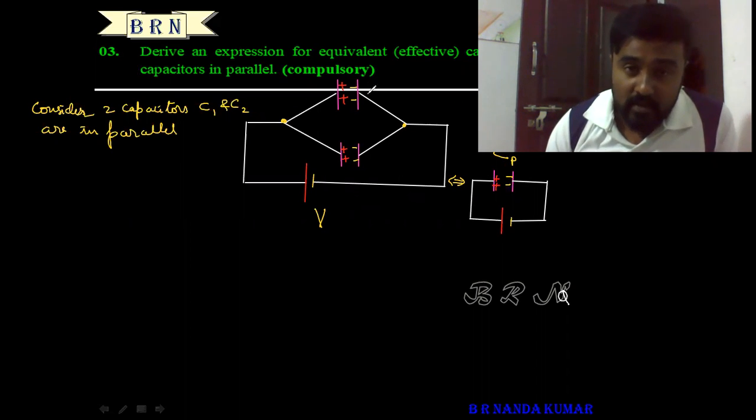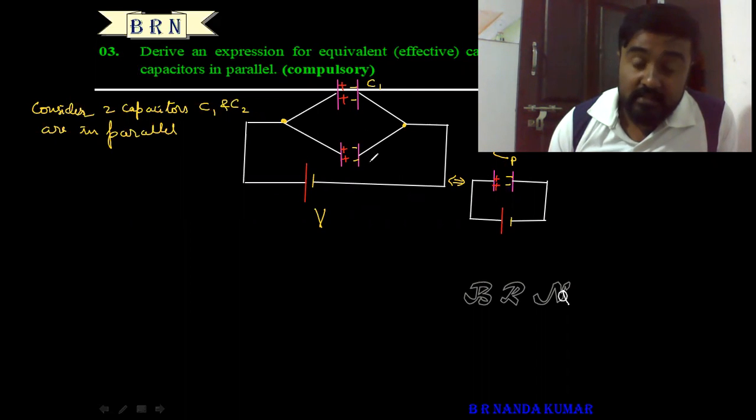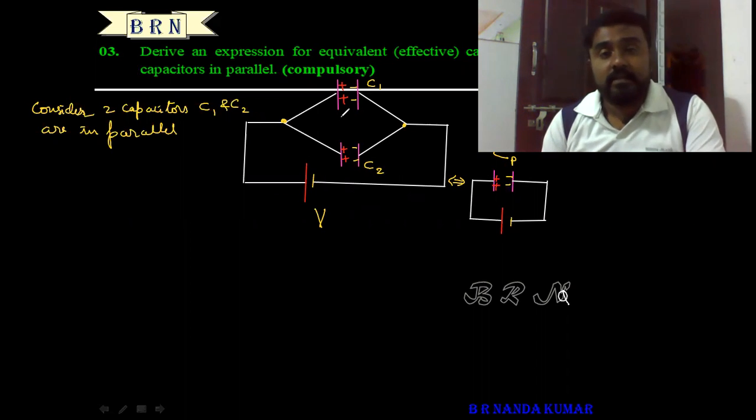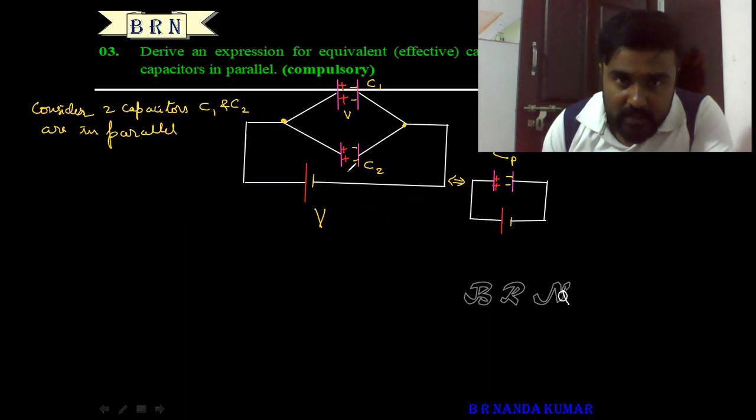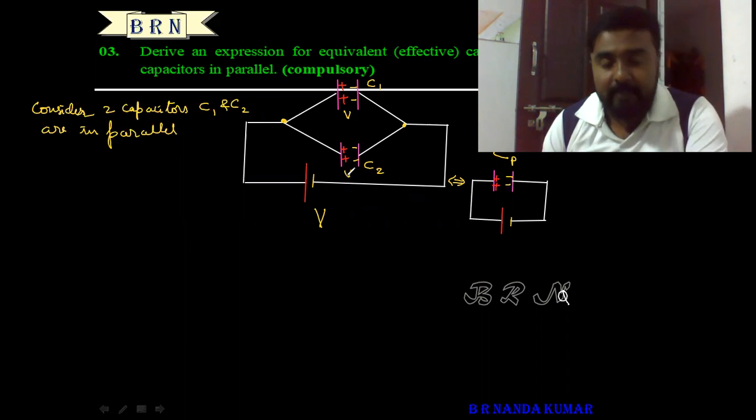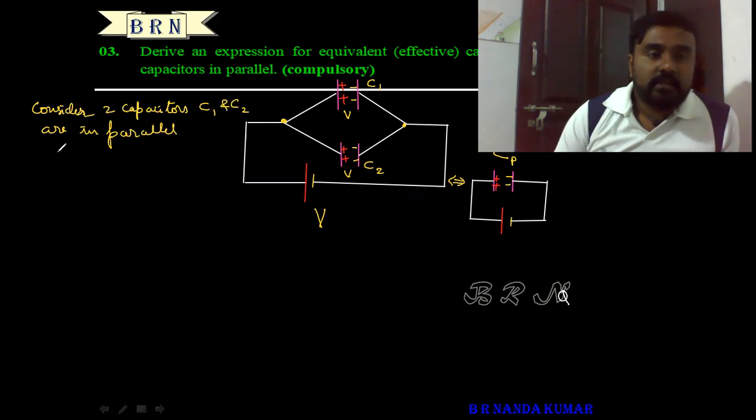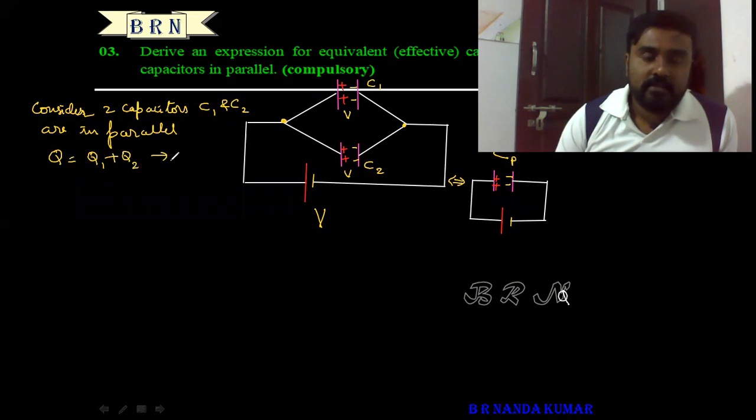If the capacitors are connected in parallel, the charge on each capacitor is different. The potential difference across each capacitor is the same. And the net charge is equal to the sum of charges on the individual capacitors: Q is equal to Q1 plus Q2.